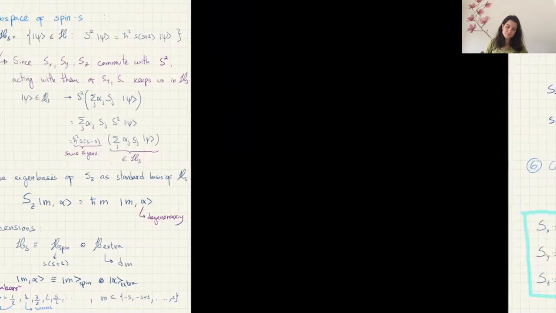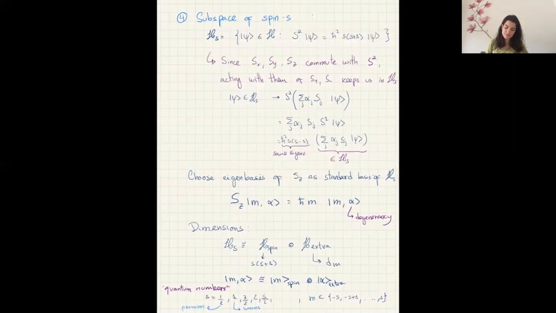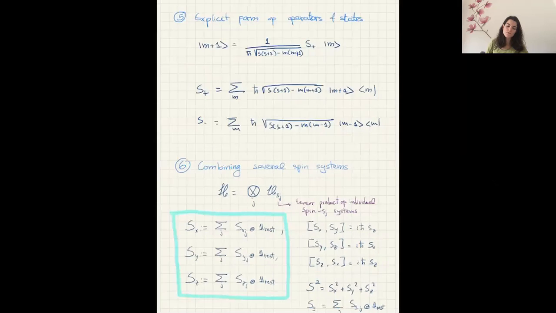Okay. So the next step, after having this subspace and an idea of what the dimensions of the subspace are, was to find the explicit form of the operators and states, right? So I said we start with the lowest state with m equals minus s. And then we just apply the raising operator to obtain all the other states. And there was a normalization factor, which was this.